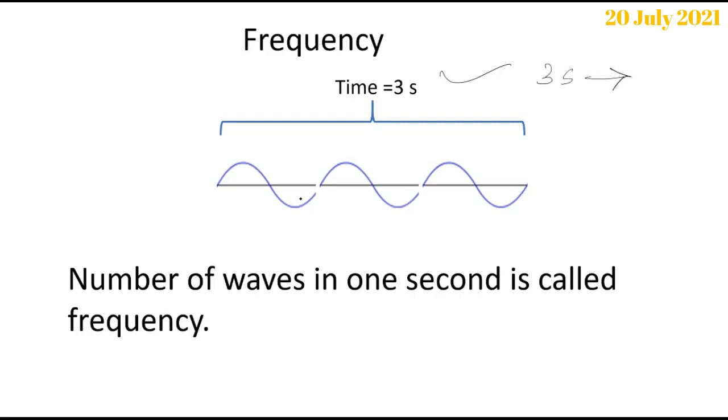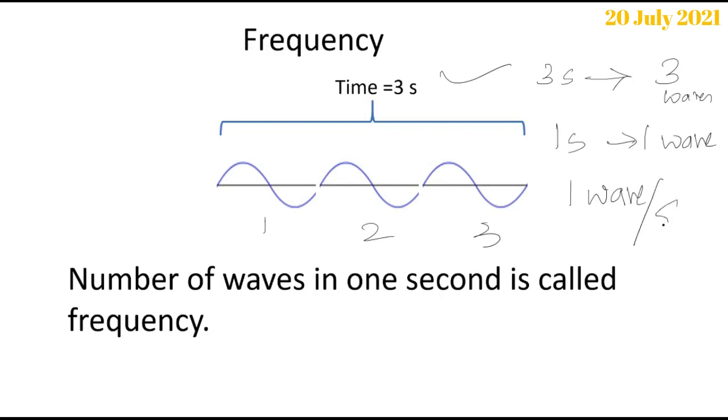How many waves? 1, 2 and 3 waves. So in 1 second, how many waves will be there? 1 wave. 3 seconds, 3 waves. 1 second, 1 wave. So 1 wave per second is the frequency of this pattern, or we can call this 1 hertz. This is in terms of waves.